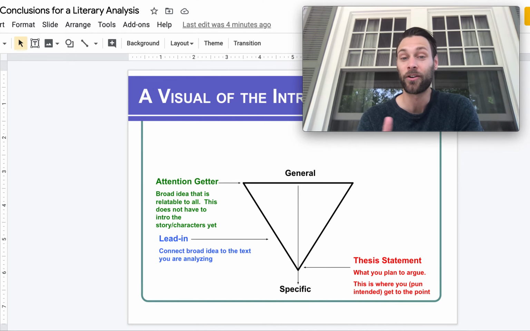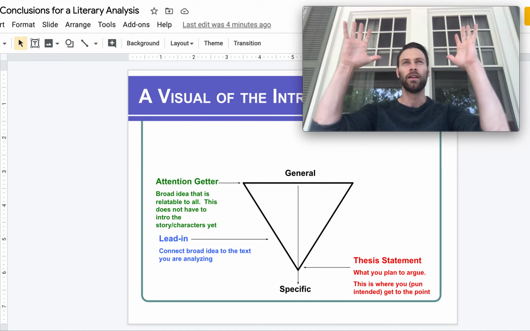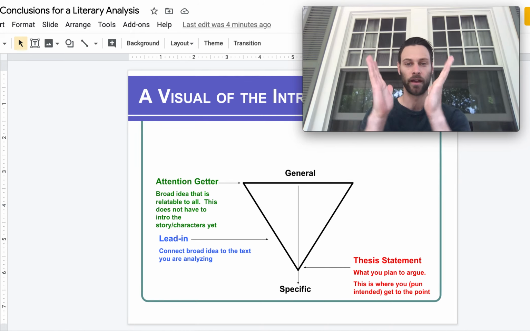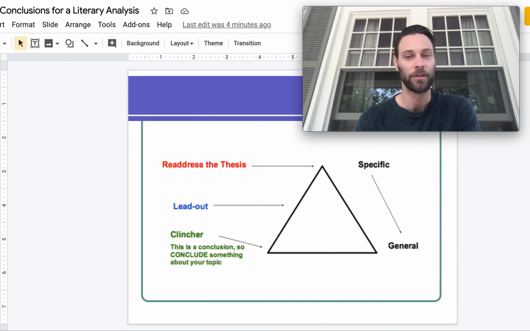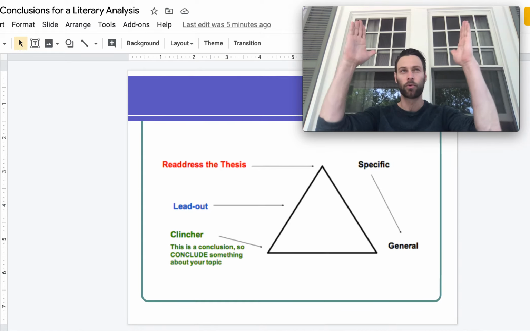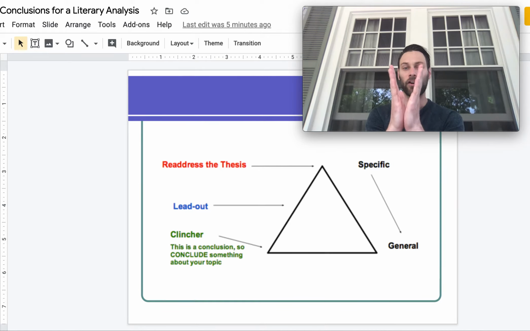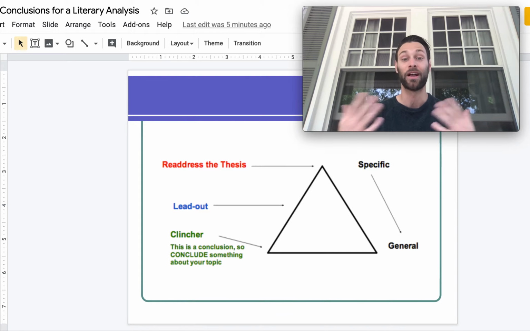Now, this should look familiar. When we talked about our introduction, we talked about an upside down triangle model, right? Start broad, narrow in by talking about Mockingbird, and then literally and symbolically getting to the point. Your conclusion, we're just taking that triangle and flipping it right on its head. So if we started broad and then we narrowed in, well, now we've been working on To Kill a Mockingbird for the last few paragraphs.